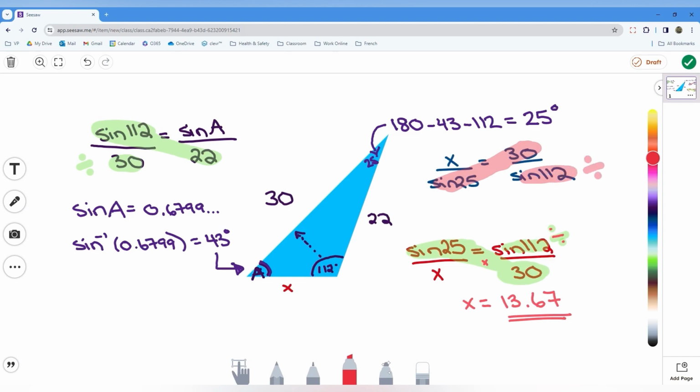As long as you have a side length paired with its opposite angle, it doesn't matter which one goes on top. But you do need to follow the same format. So if you're putting sides on the top, you always need a side length on the top. If you're putting degrees on the top, you should always have the sine of the degree on the top. You can't start switching so that they are no longer equal fractions.